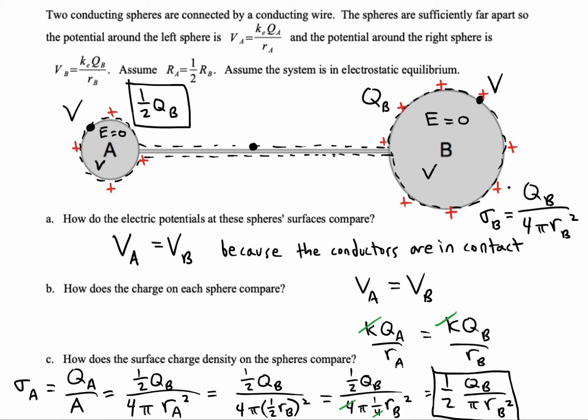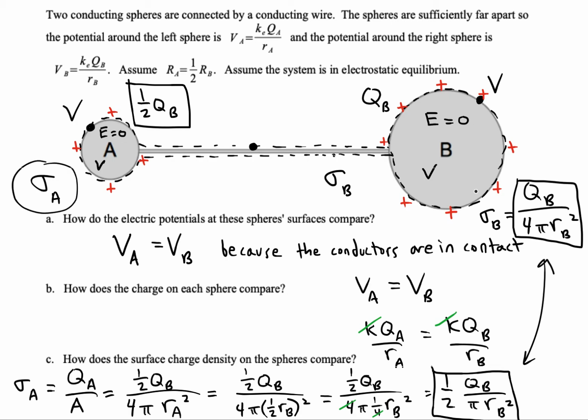So interestingly, if we compare the quantities that we got, which one's actually bigger? The surface charge density of A or the surface charge density of B? The answer is the surface charge density of A is twice as much, because it's 1/2 QB over pi r squared, and this one's 1/4 QB over pi r squared.